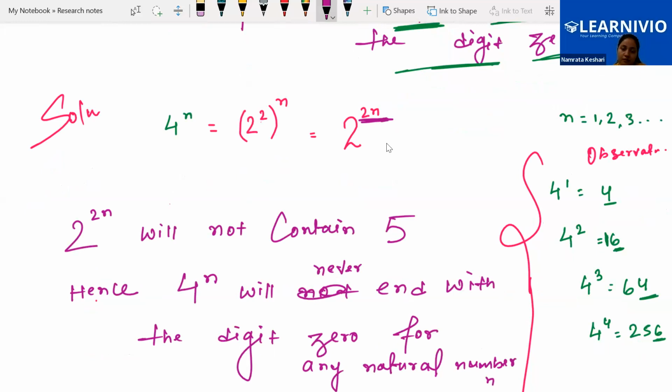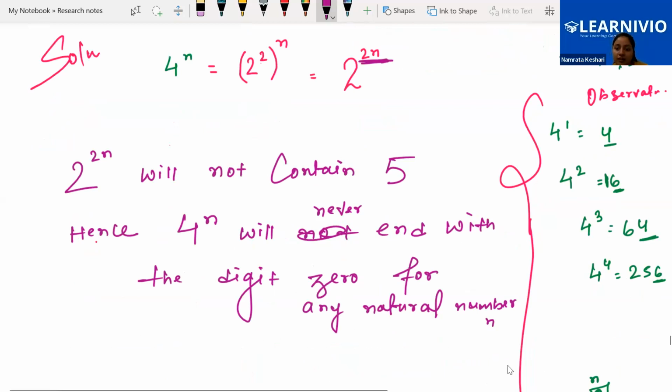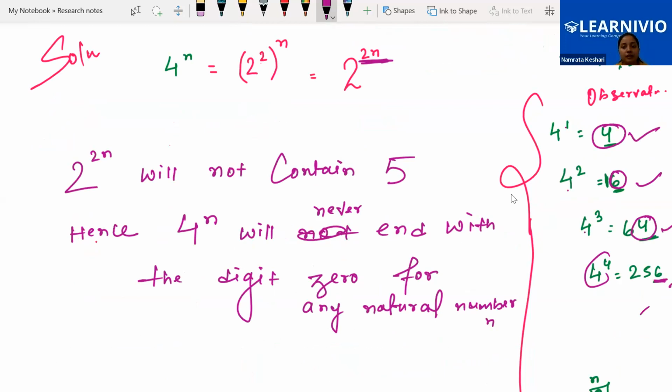Yes, ma'am. Something we have written on the right hand side with this curly bracket, which I have just kept aside, that was just for observation. There also you can see 4 to the power 1 is 4, 4 to the power 2, end digit is 6, 4 to the power 3, end digit is 4, 4 to the power 4, end digit is 6.